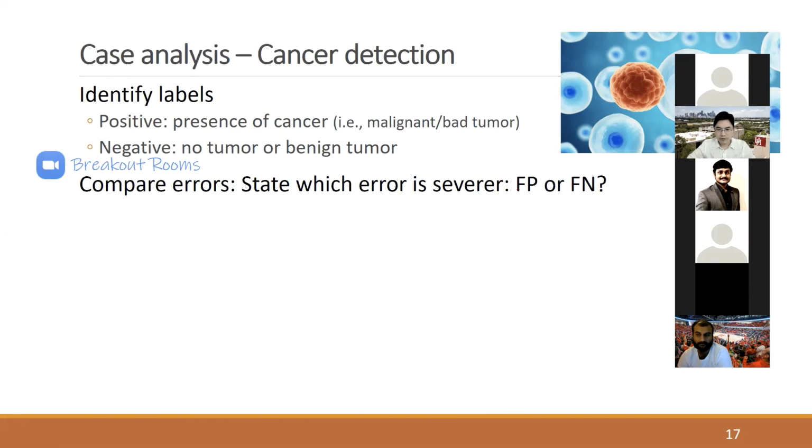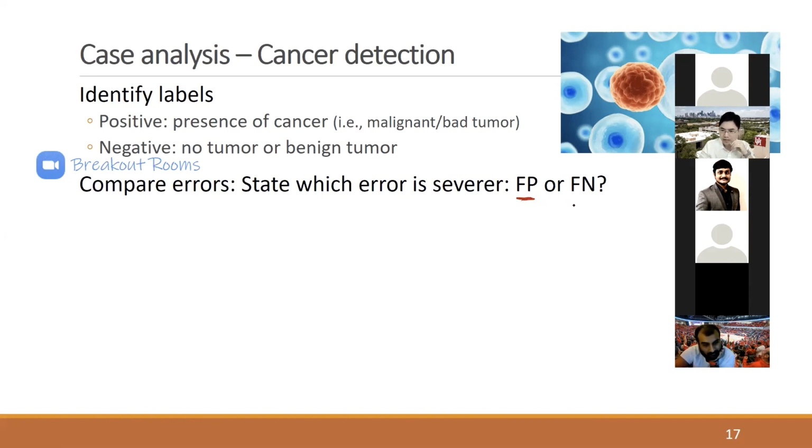So what's a false positive error here? Anybody wants to try? Detecting the presence of a cancer when there is actually no cancer, that would be false positive, I guess. Yeah.